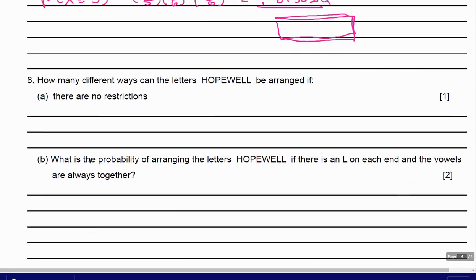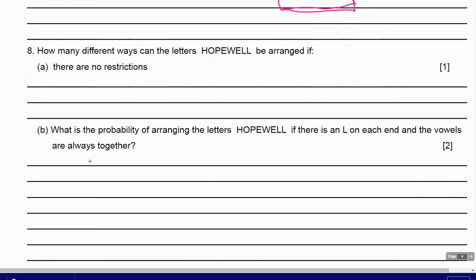All right, last question. How many different ways can the letters Hopewell be arranged if there's no restrictions? How many letters do we got? How do I find out how to arrange them?